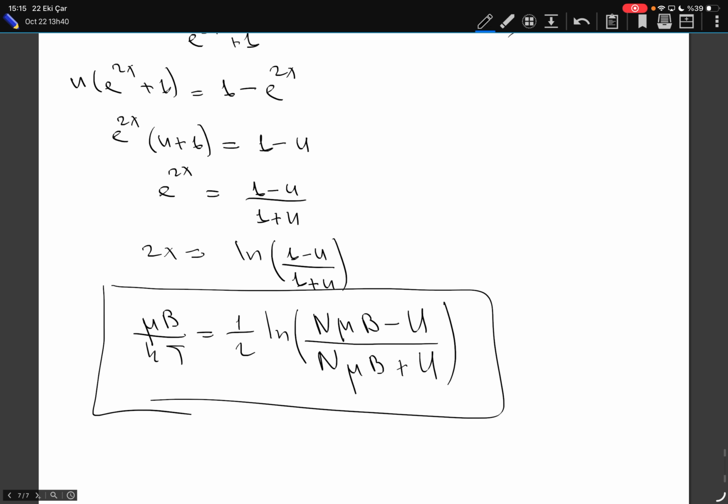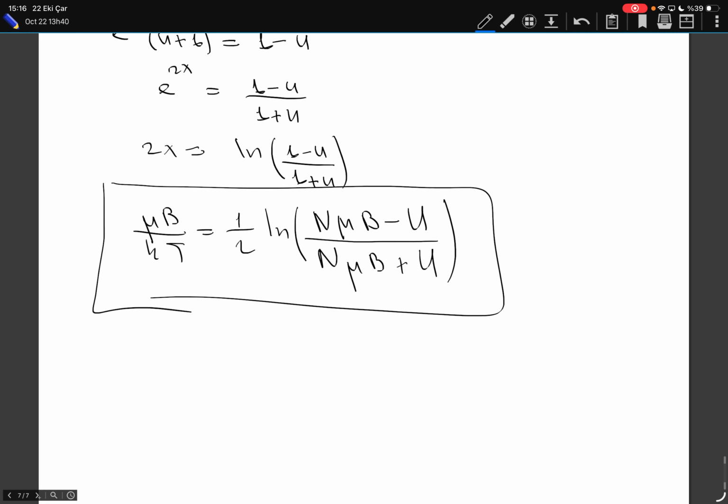The logarithm of a number less than 1 is negative. So for u positive, the logarithm is a negative number, and hence I have a negative temperature, as we had discussed before. If u is negative, the numerator is larger than the denominator, so that fraction is a number larger than 1, and hence the logarithm is positive, and hence I have a positive temperature.